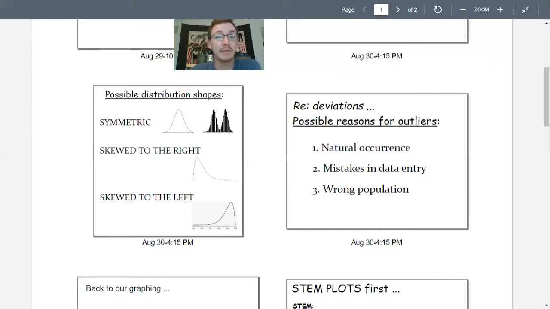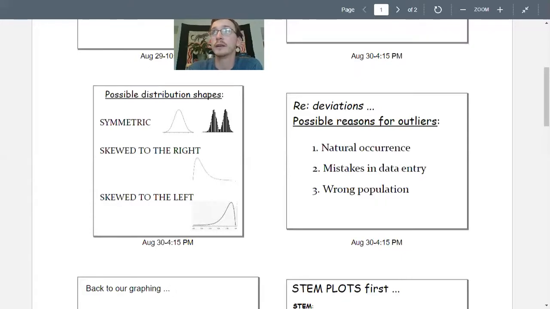The last thing is that it could be the wrong population. So it could be that the people that you are conducting a study or an experiment on are probably not the ideal people to do that on. So if you're wanting to see how shoes affect the performance of a runner, you're probably going to want to test people who consider themselves runners and who run frequently, as opposed to people who don't run quite as frequently.